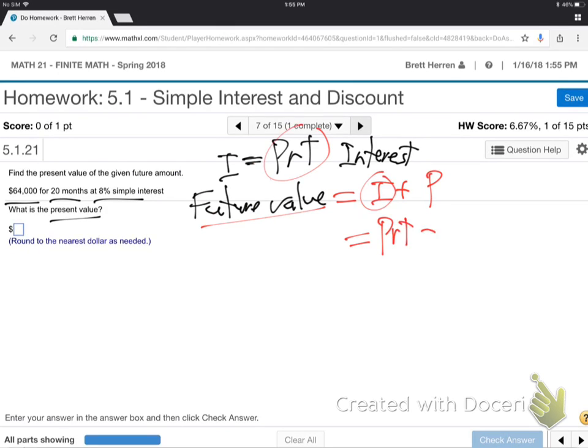PRT plus P. Am I losing you? I'm doing a little fancy math here. I'll call it FV, future value. Or let's just call it A for amount. Amount in the future is going to be interest plus principal. The interest earned plus the original principal. And interest, remember, is PRT plus P.